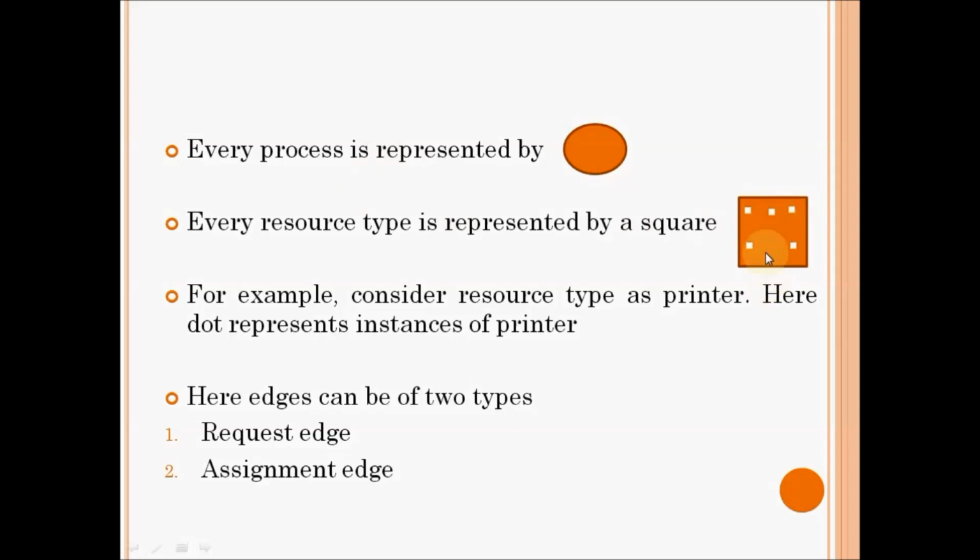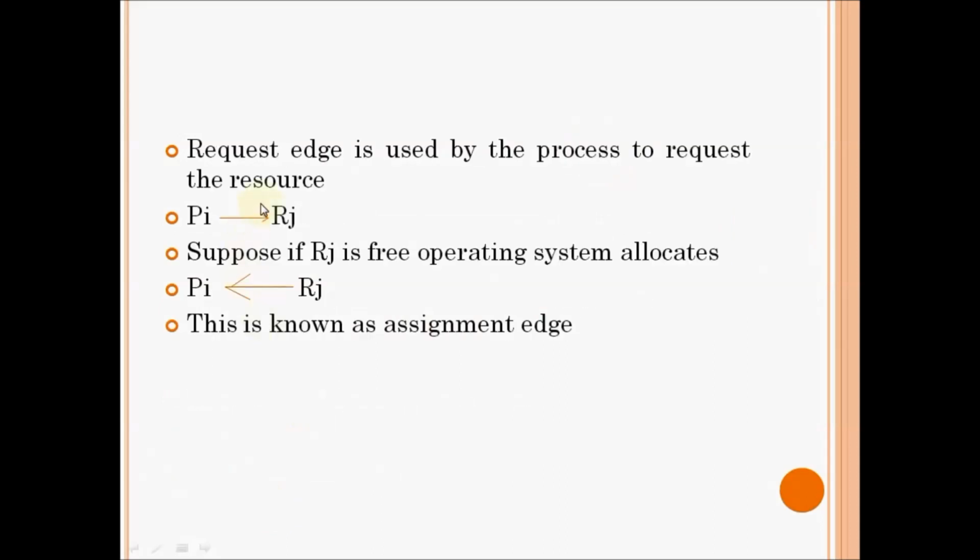Now, edges. In the same way as vertices, edges are also of two types in the resource allocation graph. The first one is the request edge and the second one is the assignment edge. Now, why do we use the request edge? A request edge is used by a process to request the resource. You can see the arrow mark here, that is very important.